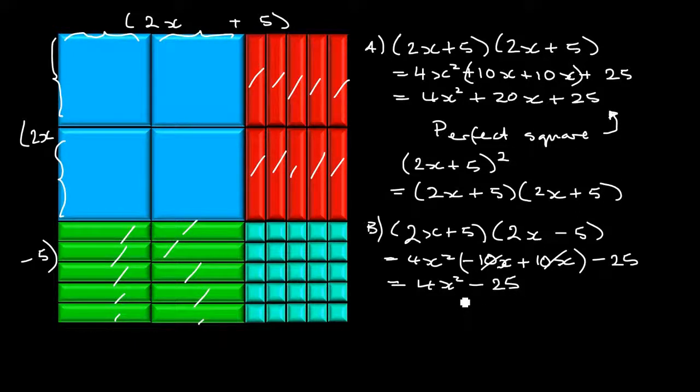This is called the difference of squares. This is an example of the difference of squares, and you should be able to spot these. In fact, it's really important to be able to spot these things, as we'll see later on. But just for now, in terms of a multiplication, it's going to look like that.